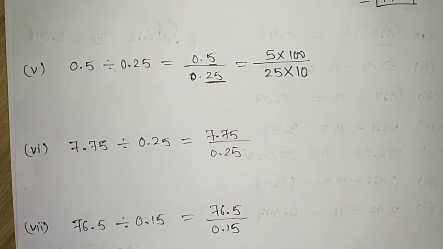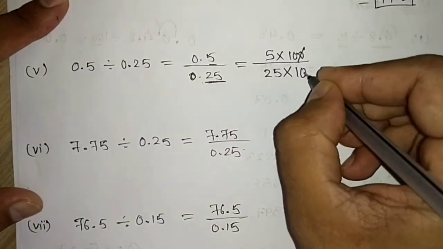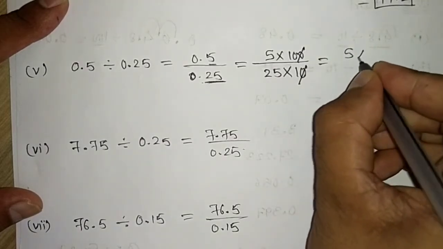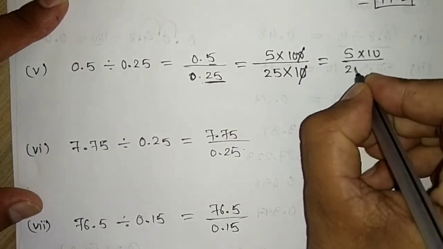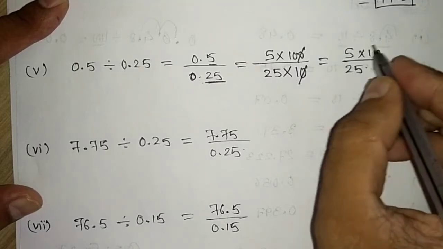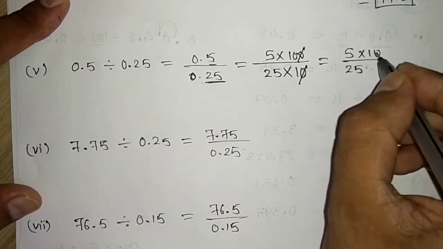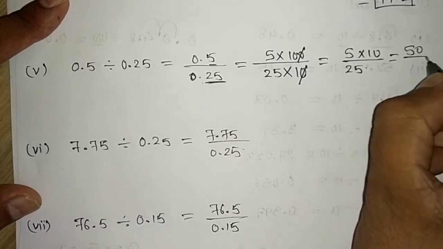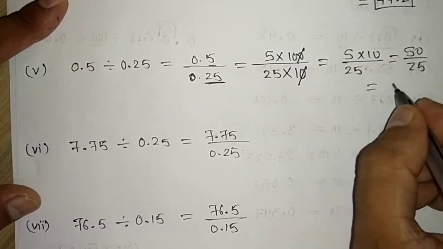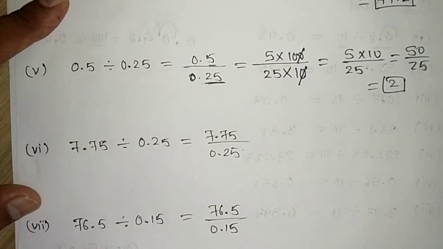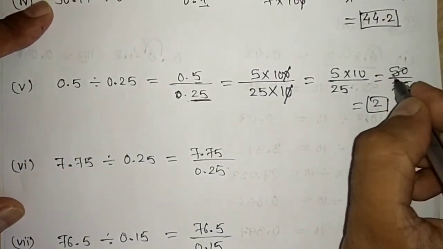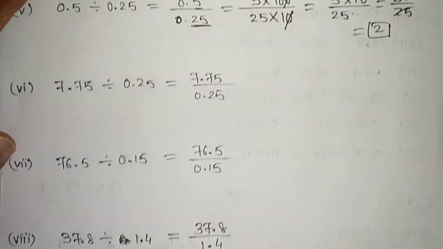Again 0 from 100 and 10 will be removed. So our new equation will be 5 into 10 divided by 25. 5 tens are 50 divided by 25. So we will get 50 divided by 25 and eventually we will get 2 as the answer. 25 ones are 25 and 25 twos are 50.